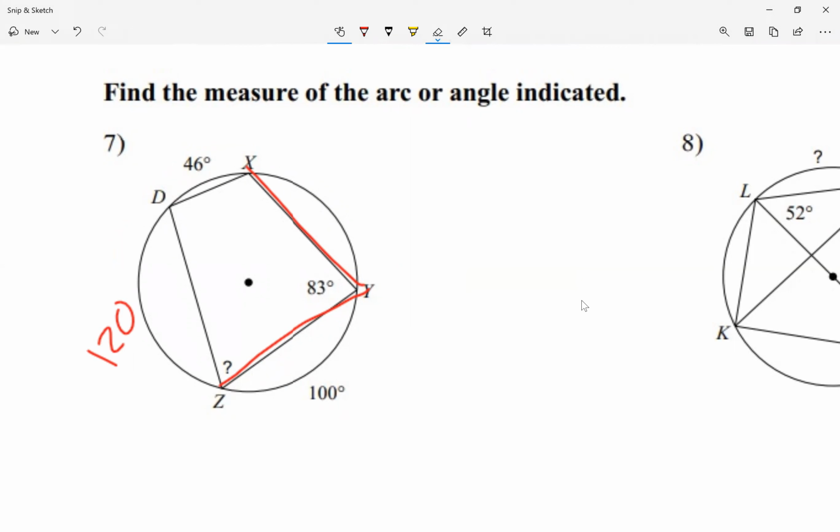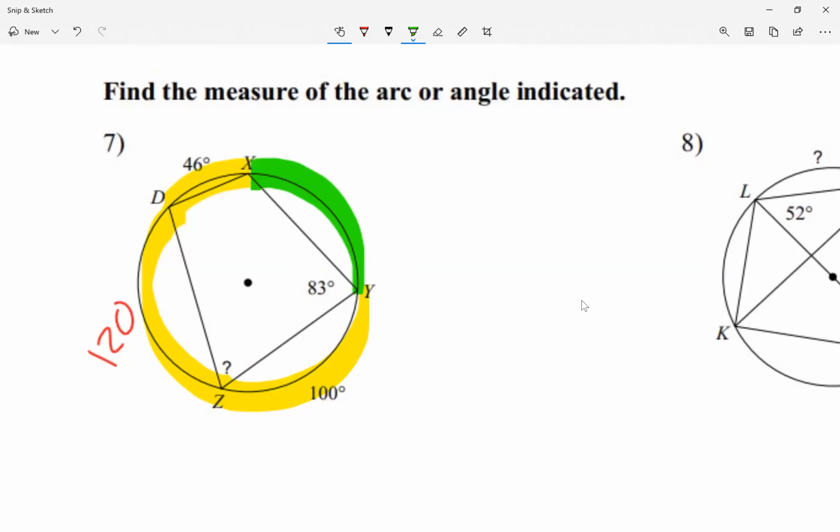And let's see, what else can I figure out? I know 46 is this arc. 120 is this arc. 100 is this arc. Let me highlight in green this arc. If I add all the yellow ones, 46 plus 120 plus 100, I know it's 266.